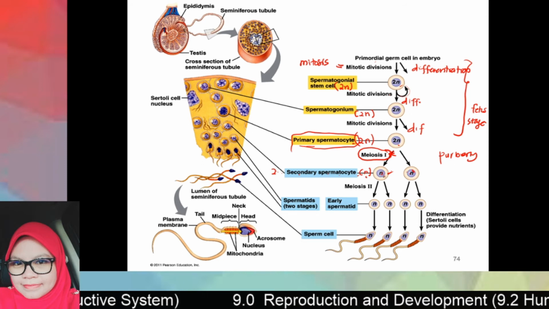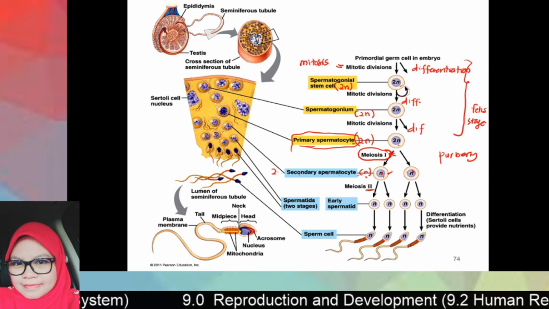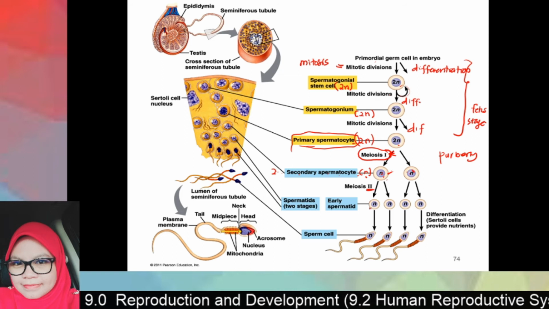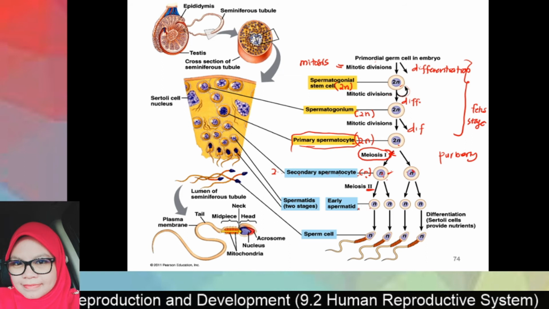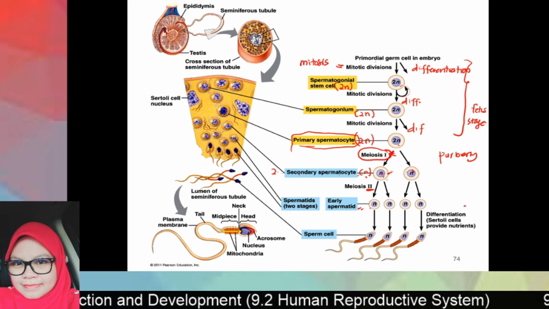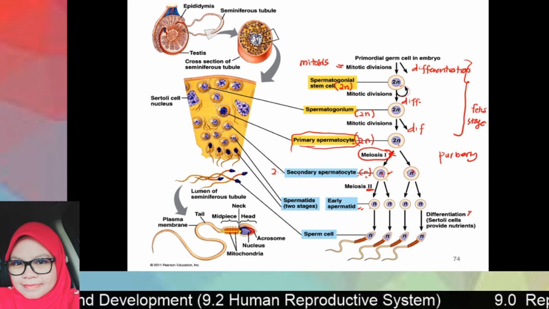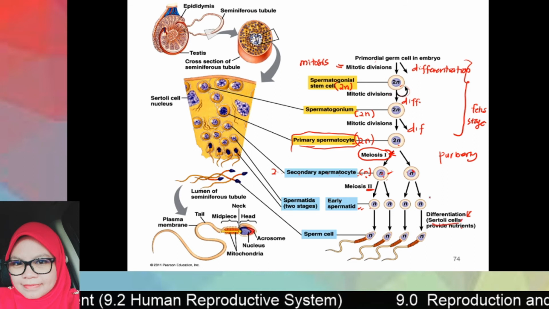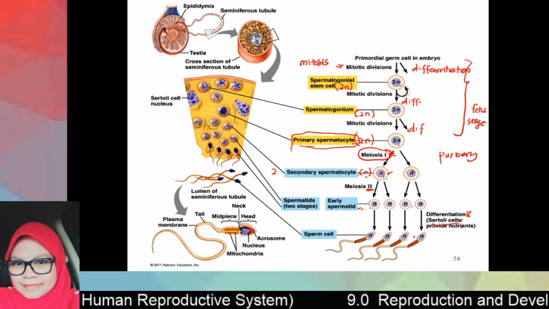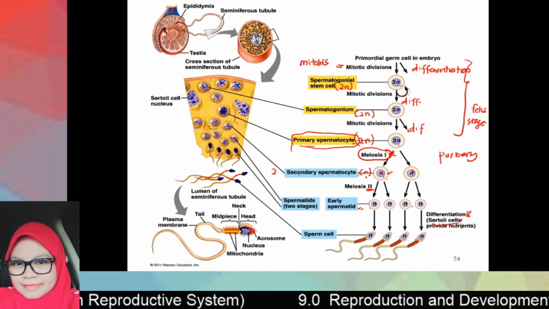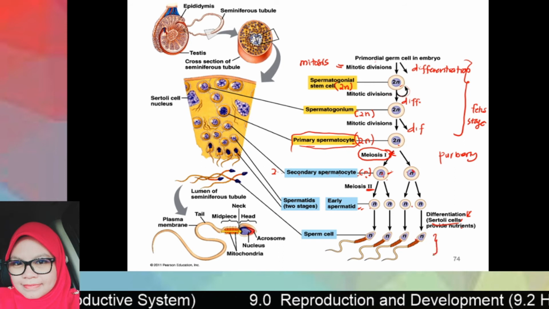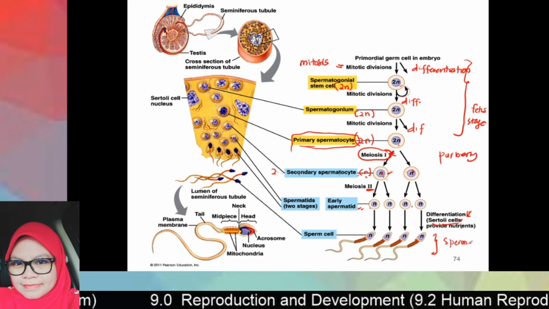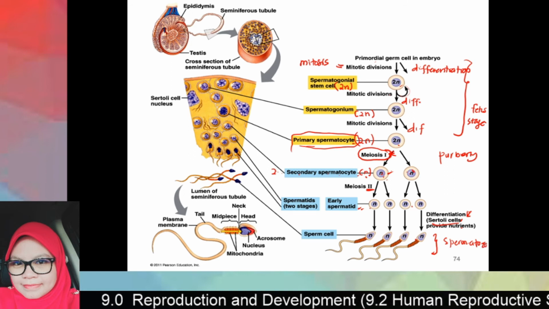And then the secondary spermatocyte undergoes meiosis 2 completely and forms 4 cells known as spermatid. The spermatid will undergo differentiation and get nutrients from the Sertoli cell. Then the spermatid will detach from the seminiferous tubule and become spermatozoa, which is the mature sperm.